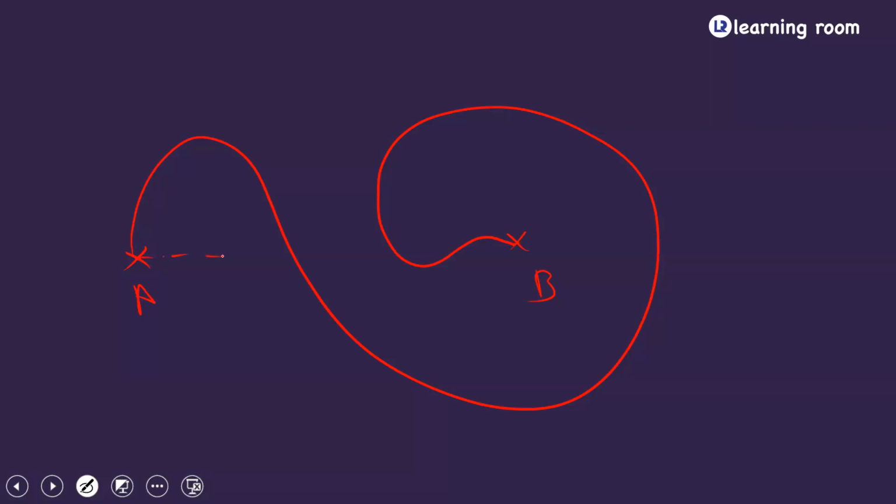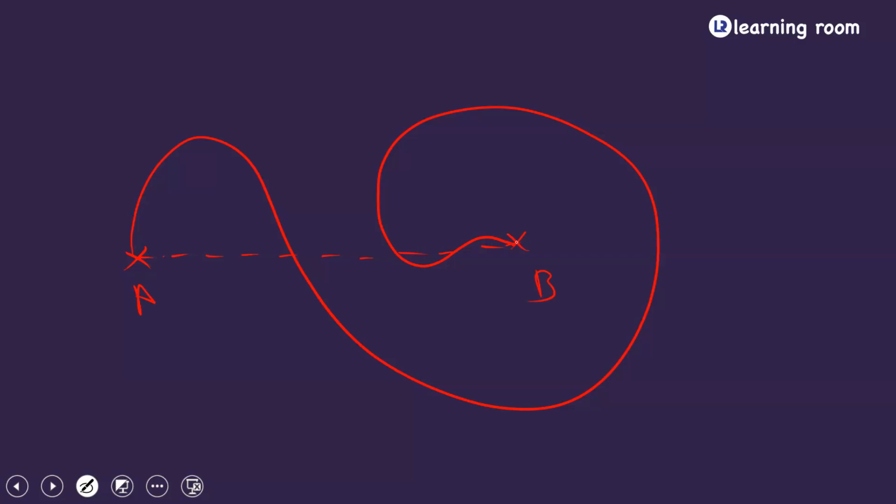So there are two lines. Distance is the total length from A to B, you could say. Whatever path you want, like the solid line here.